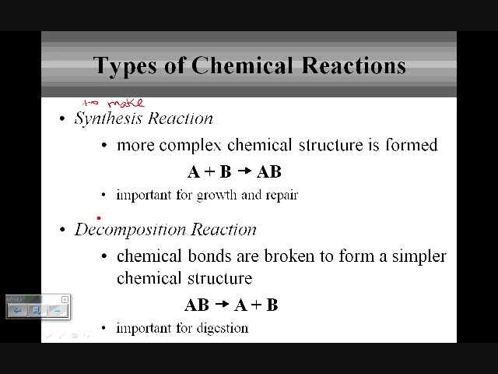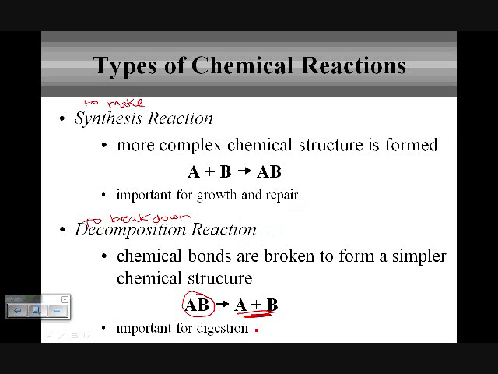Decomposition, to decompose, means to break down. So in a decomposition reaction, we're going to have a breaking down of bonds into a more simple form. Now we have a complex compound or complex molecule as our reactant, while our products are going to be a simple, more broken down form.